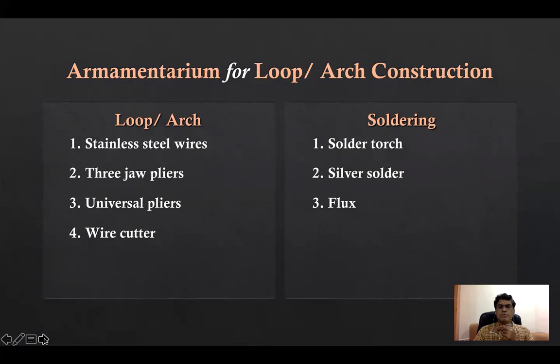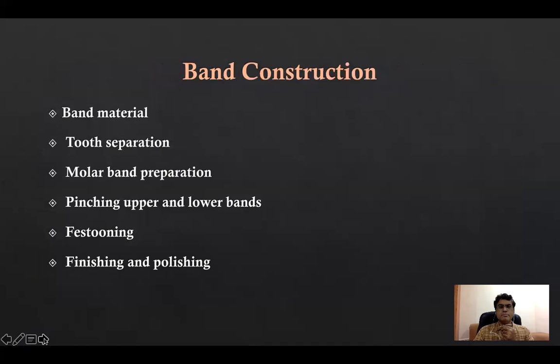The armamentarium used for loop or arch construction include stainless steel wires, 3-jaw pliers, universal pliers, and wire cutter for loop or arch construction. And for soldering, solder torch, silver solder under flux. For band construction, the materials used were discussed in the previous slide.